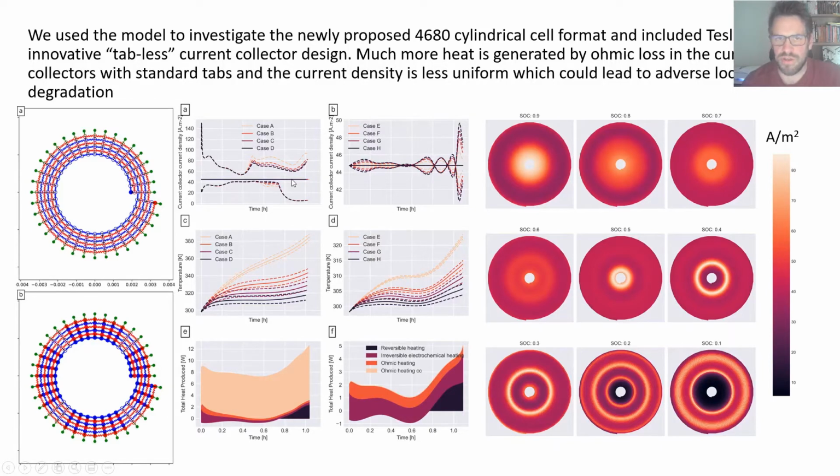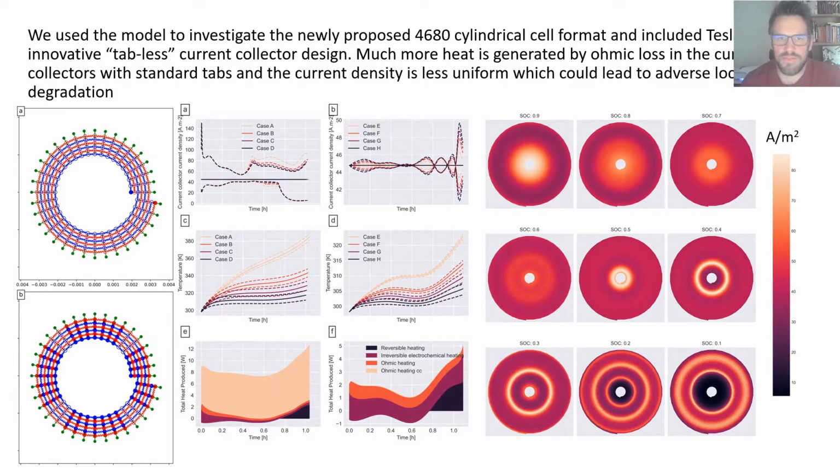So we're just doing a constant current discharge for this simulation. But then the dotted lines are the global minimum and maximum. And these cases here, A, B, C, D, are for different heat transfer coefficients at the outer edge of the cell.